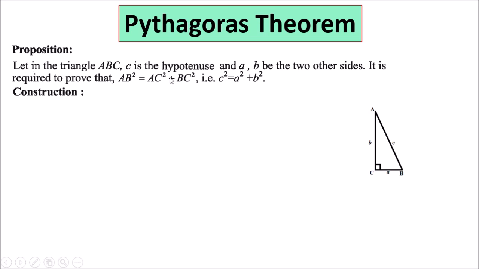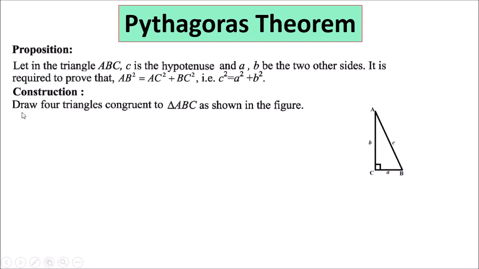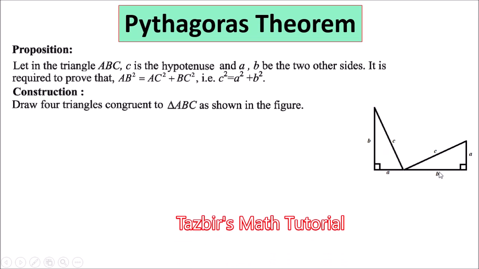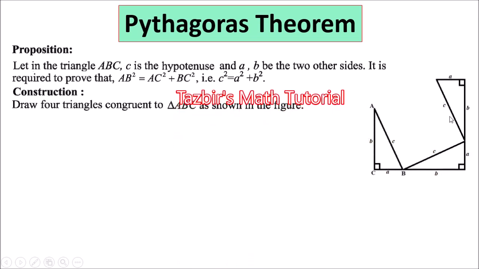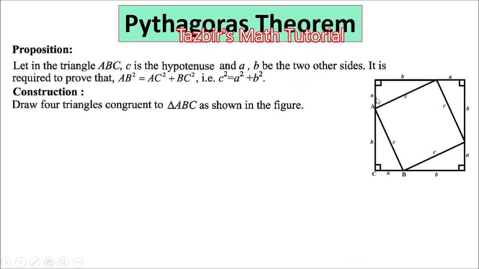For solving a theorem, sometimes we have to construct. So here is the construction. Draw four triangles congruent to triangle ABC as shown in the figure. Look at it, I am drawing a similar triangle like this one here, another one of the same type here, and another one here.